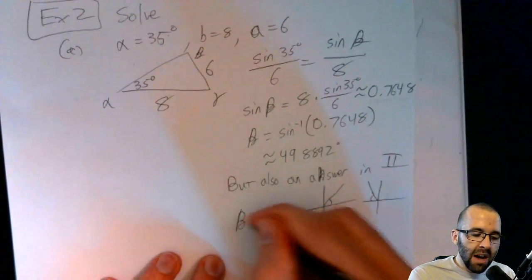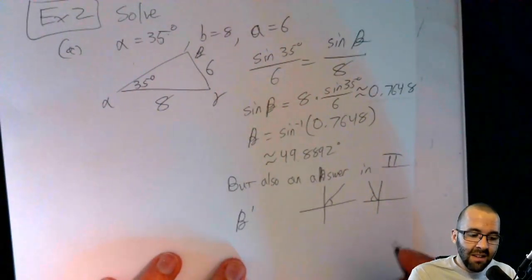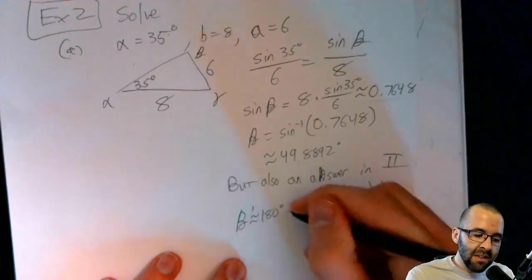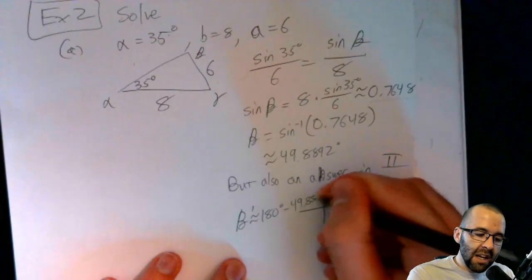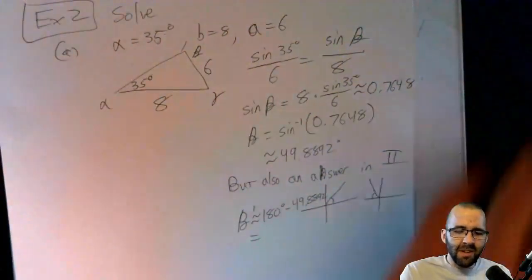We're going to call that B prime. It's starting to look like we're going to have two answers here. It's going to be approximately equal to 180 degrees minus that 49.8892. What's that equal to? I'm not doing that in my head.